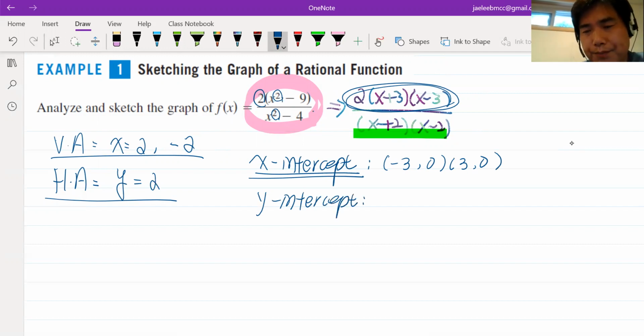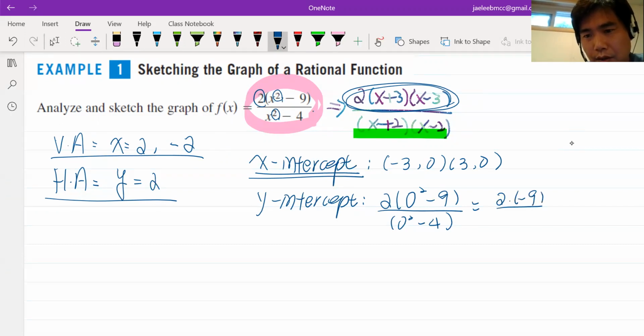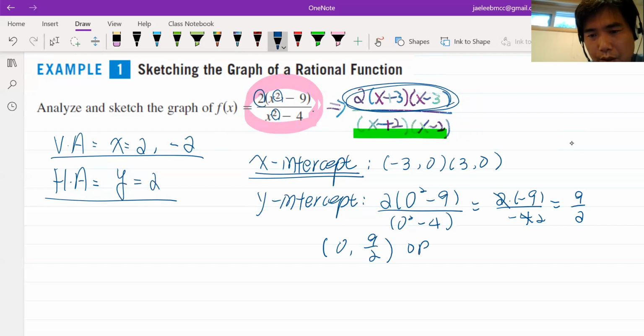For the y-intercept, we plug 0 into x, so we get 2 times (0² − 9) over (0² − 4), which means 2 times −9 over −4, so it becomes 9/2. So you can put (0, 9/2), or if you like decimals, put (0, 4.5) here.